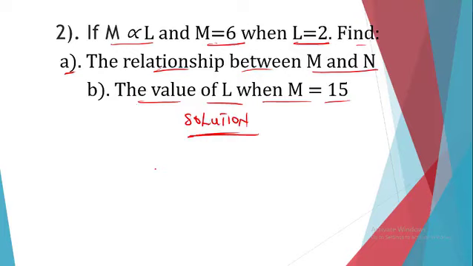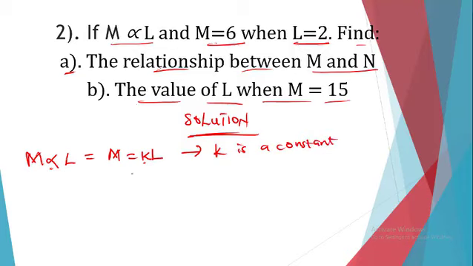Now they said M varies directly as L. If M varies directly as L, then it means that M is equal to KL. This letter K is a constant. So M is equal to KL. This is the general acceptable formula.